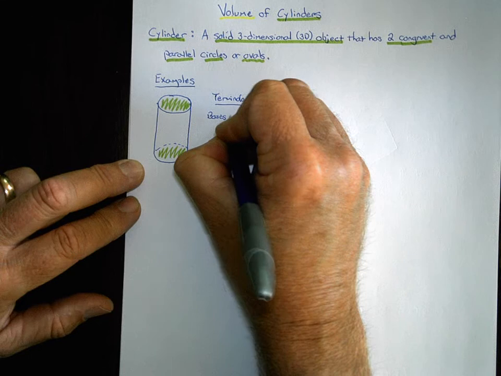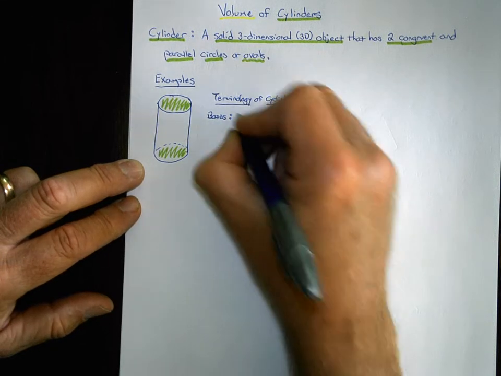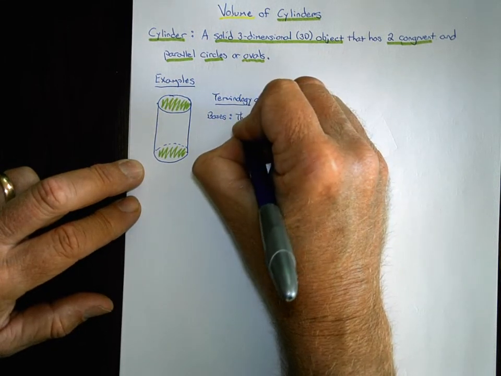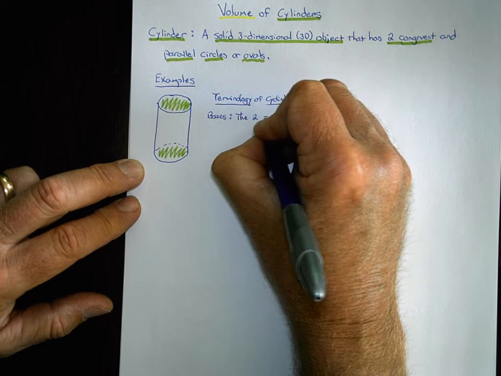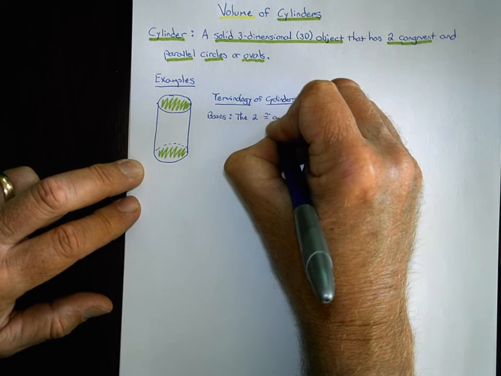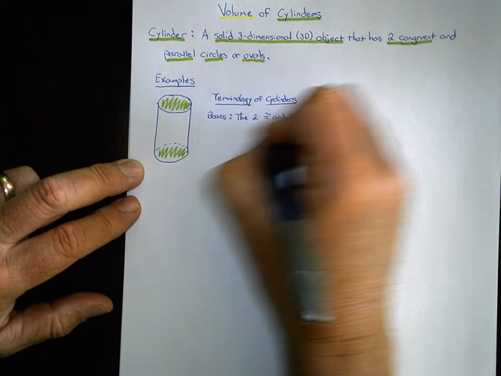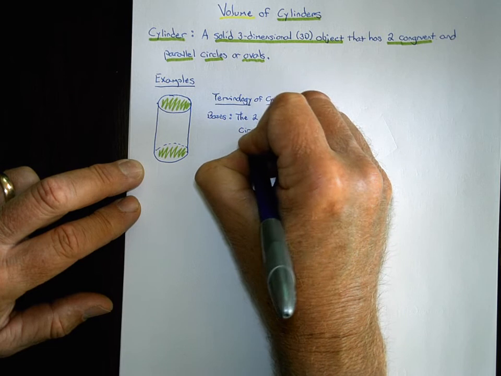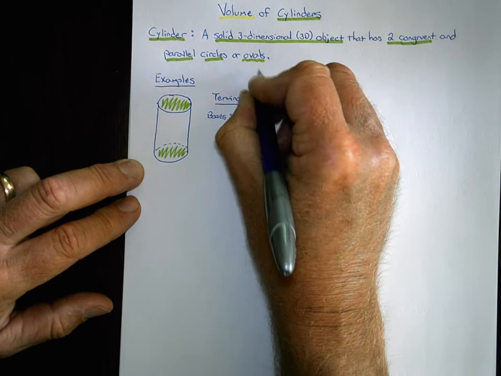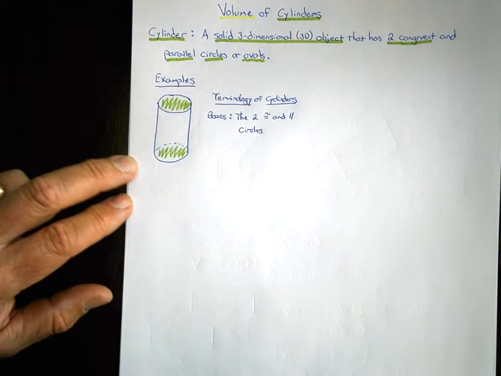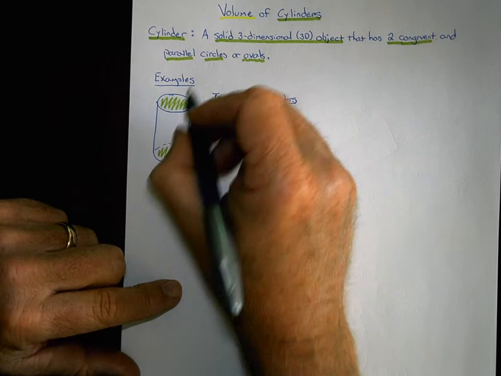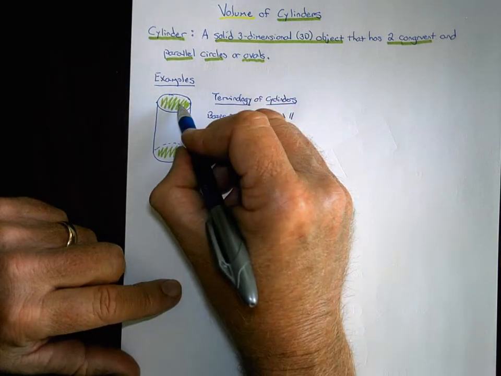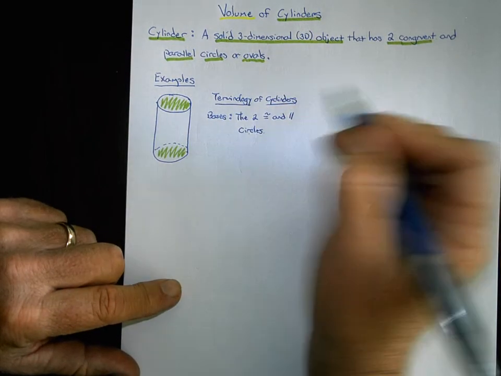The bases in a cylinder are the two congruent and parallel circles. They could be ovals, but for this class, we're always going to assume that when we're talking about a cylinder, the bases are circles.